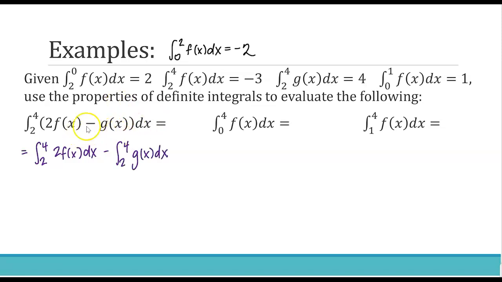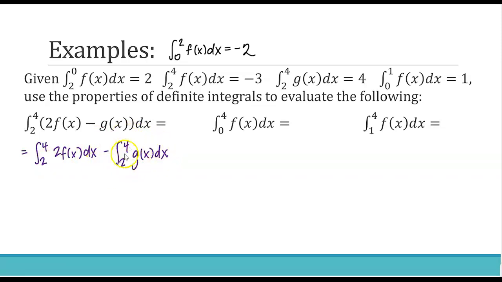So remember, if we have two functions that are added or subtracted in the integrand, we can split it into two separate definite integrals over the same limits of integration with respect to the same variable. So we need the dx in each one.